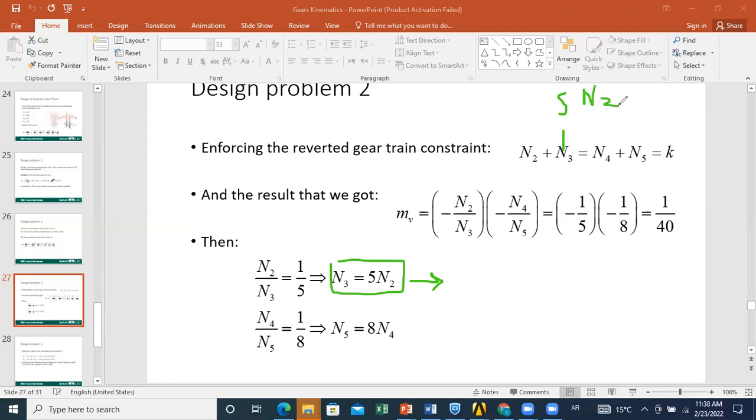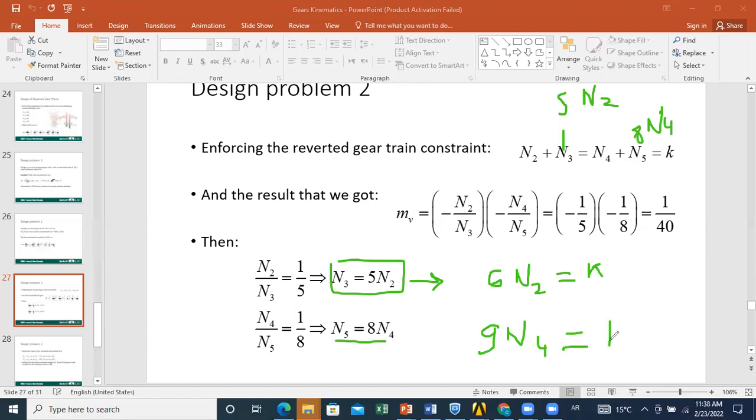Once I do this, I get that 6 n2 is equal to k. I follow the same procedure for the second result, n5 equals 8 n4. I can replace n5 by 8 n4, so the second equation is 9 n4 is equal to k.